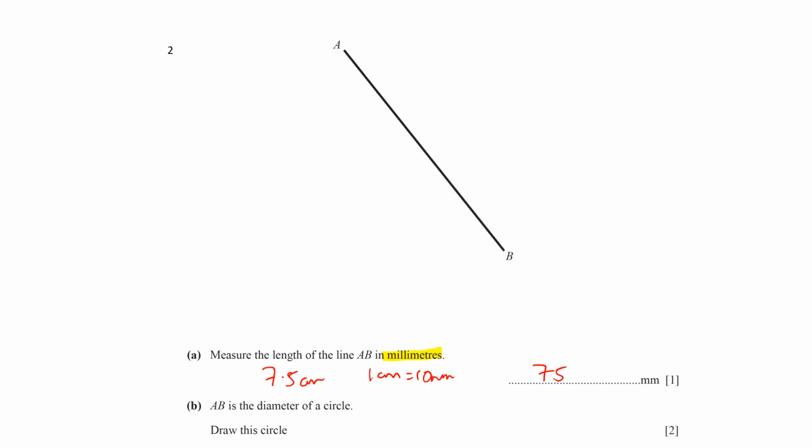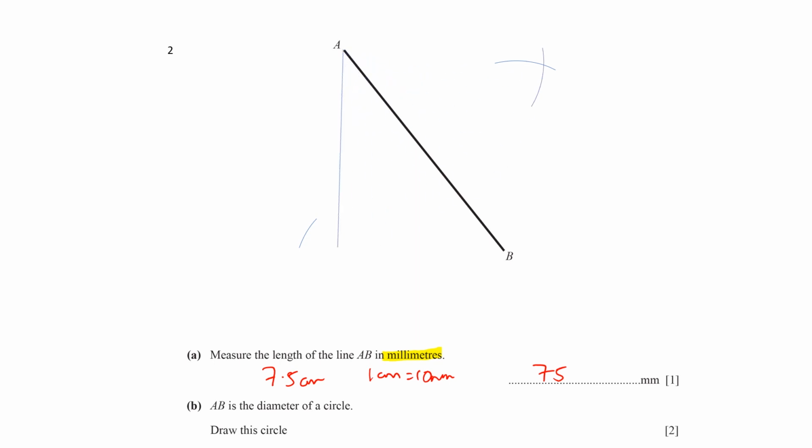Next question, we have to consider AB as the diameter and draw a circle. To draw a circle, we need the center. In order to get the center, we need to draw a perpendicular bisector of AB. Use your compass, open it more than half the length of AB, and draw an arc on both sides. Do the same thing with point A, drawing the arc on both sides.